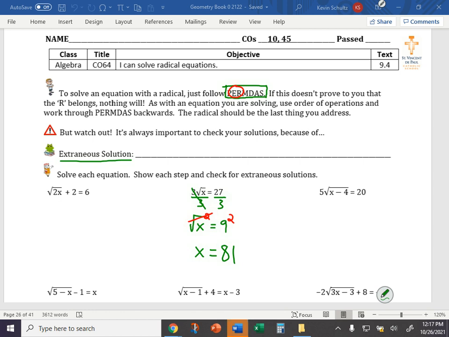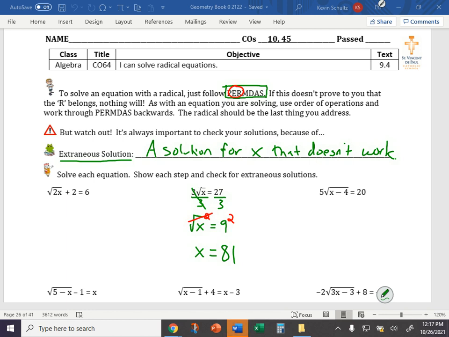It's more so annoying than painful, I would say, because an extraneous solution is a solution for x that doesn't actually work in the equation.